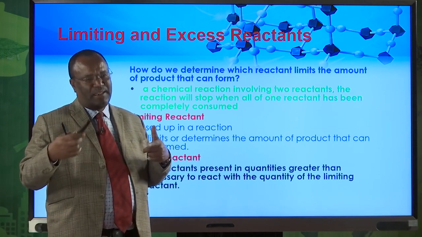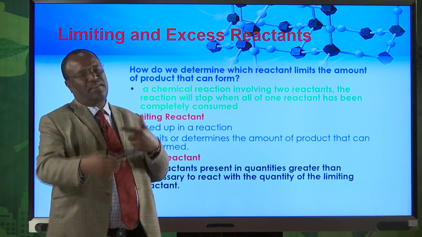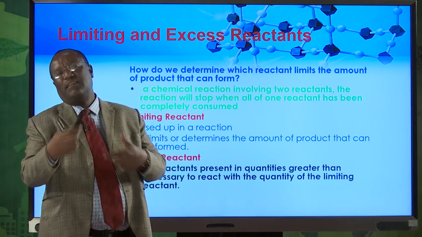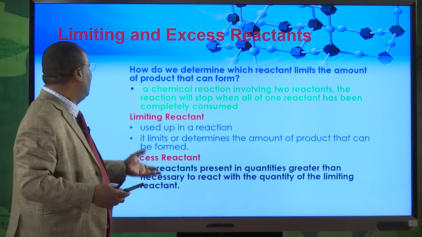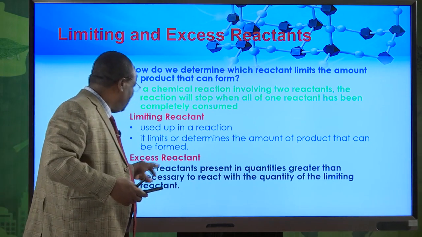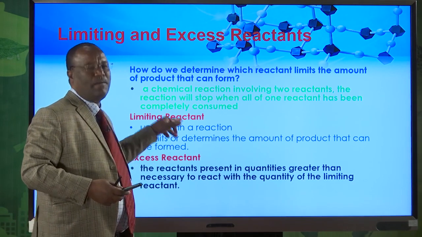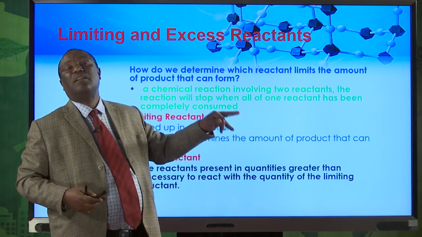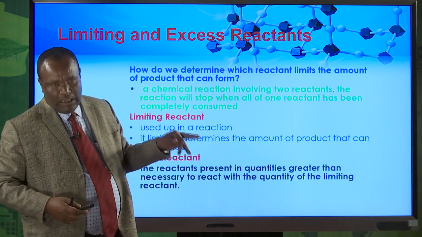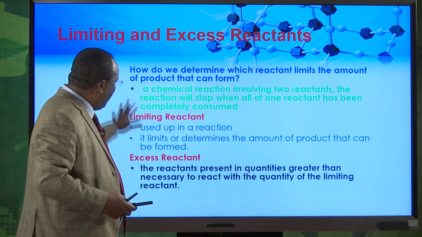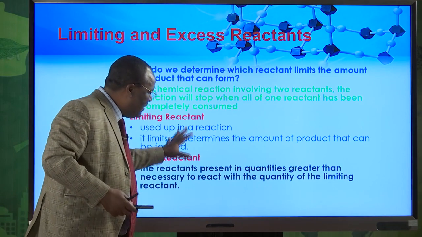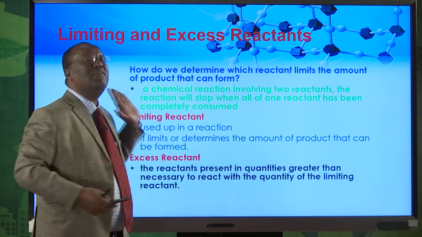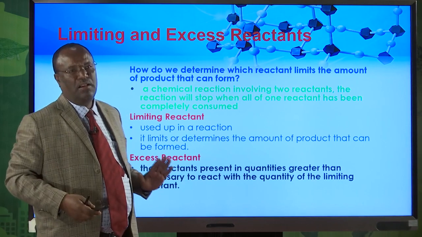The excess reactant is the reactant that remains unreacted in the chemical reaction. This excess reactant does not determine the products that will form. The reactant that determines the product that will form in the chemical reaction is called the limiting reactant.